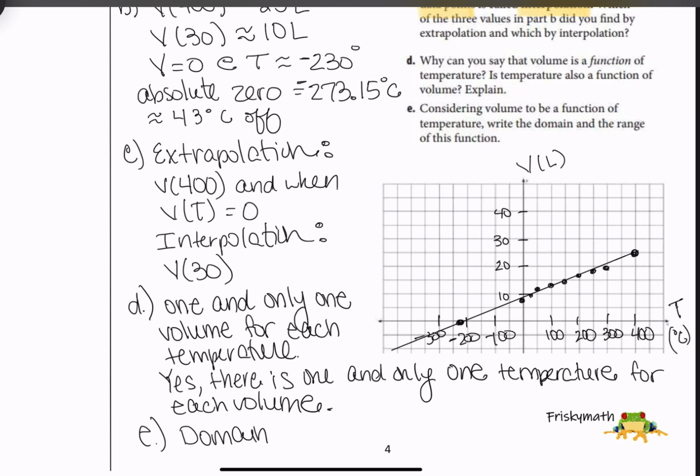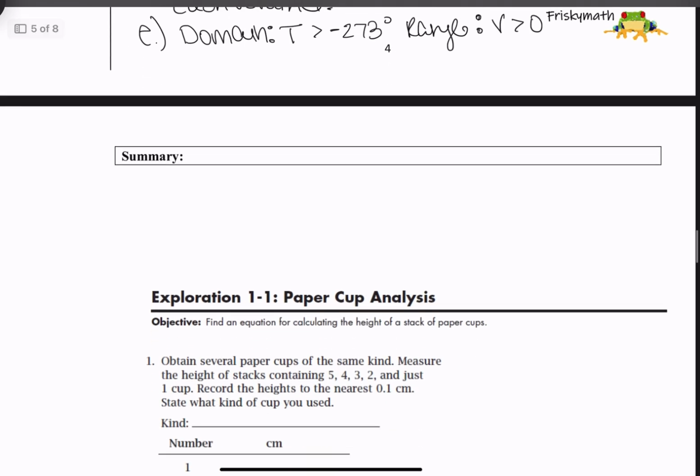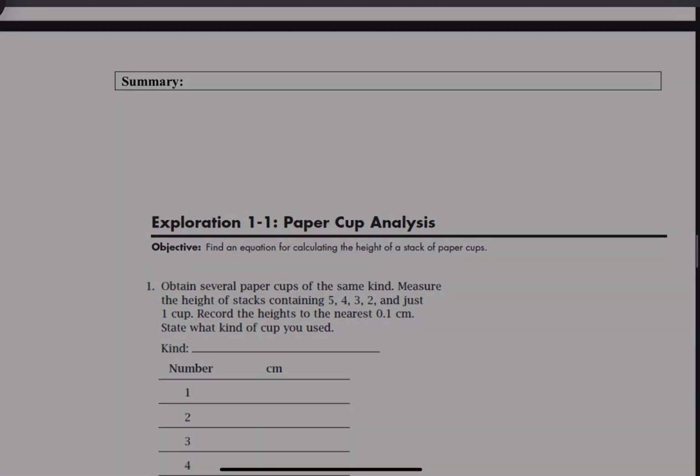So I think we can say that our temperature can go anywhere above negative 273 degrees in order for there to be a volume. In which case our range, the volume has to be greater than 0. All right, we are done with the notes, exploration in class.